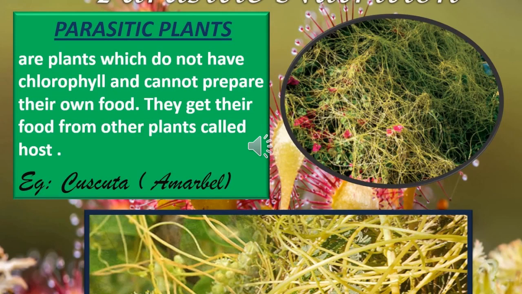The example of a parasitic plant is Cuscuta, which is given here. You can see the pictures of these parasitic plants. It spreads like a creeper on the other plant and sucks the nutrition from the host plant, taking away its nutrition.